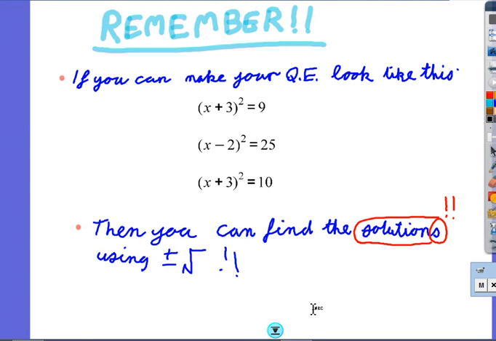I'm just going to take you through the fourth video in a series on quadratic equations, but the first on completing the square, which is a really good way of solving quadratic equations.